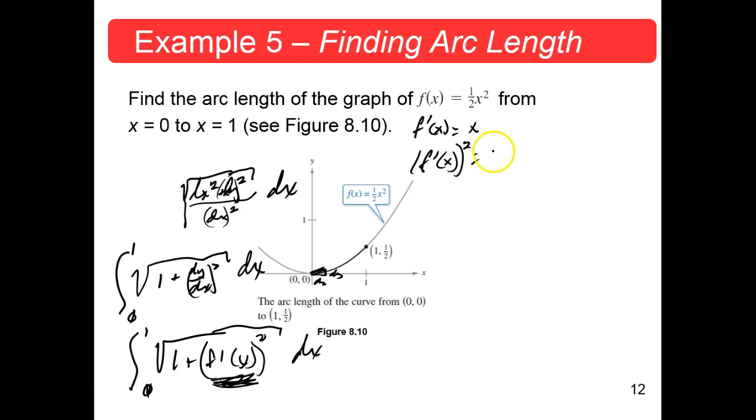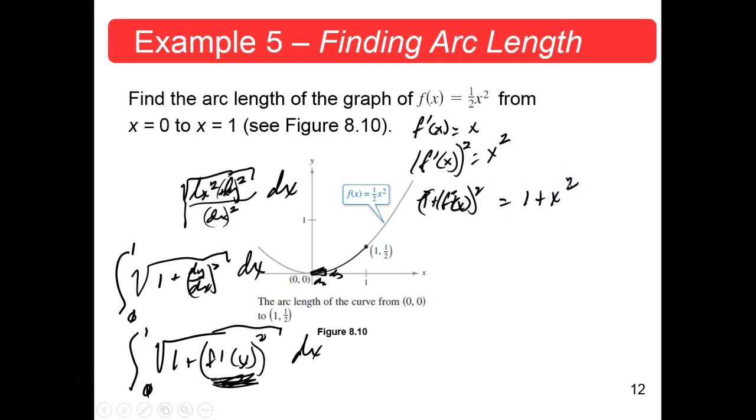That, of course, would be x squared. Perfect. Then 1 plus f prime of x squared would be 1 plus x squared.